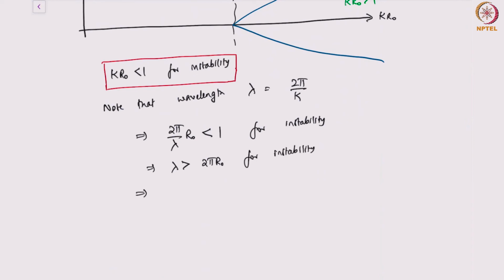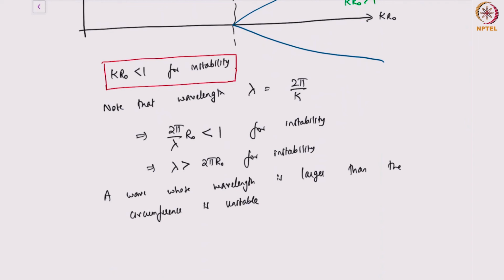Okay, in other words, a wave whose wavelength is larger than the circumference is unstable.